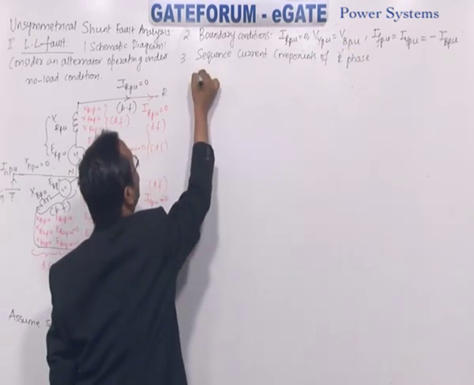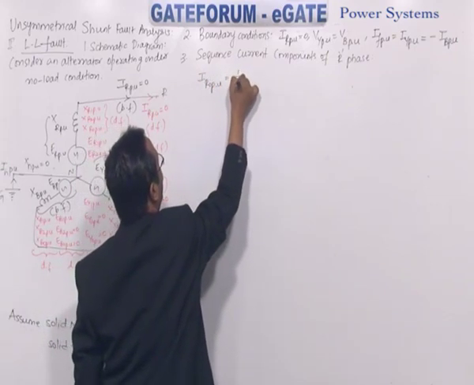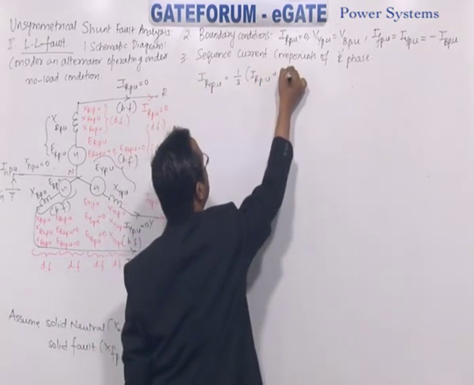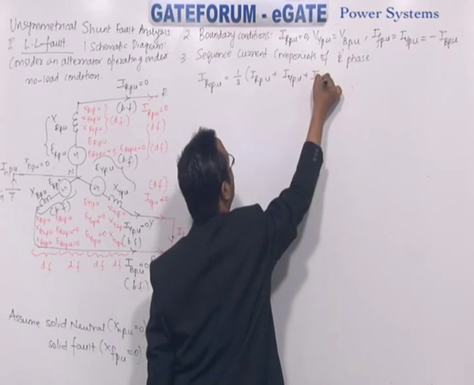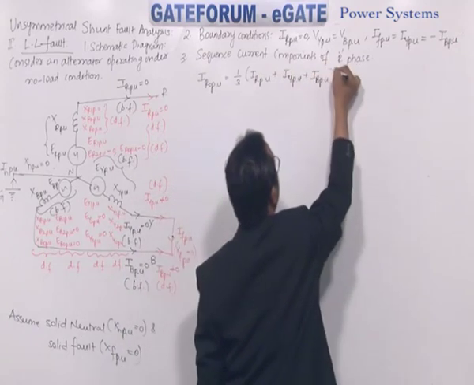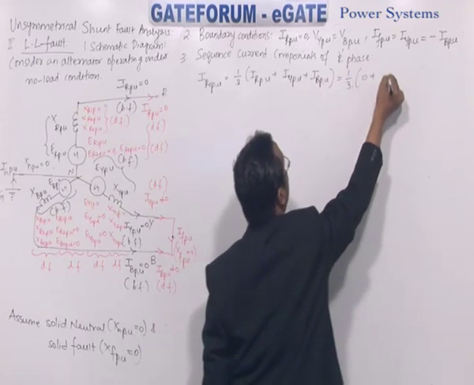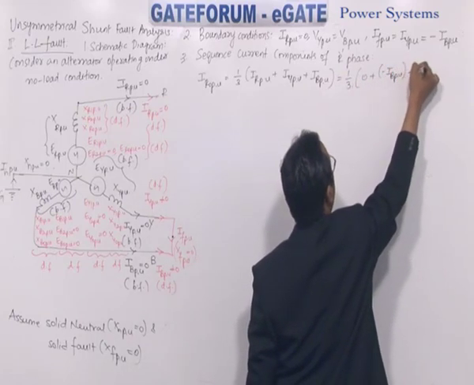How to represent now? First we represent IR naught per unit. How you write: 1 by 3 (IR plus Iy plus Ib). If you check the boundary conditions, IR is 0, Iy how much? Minus Ib.